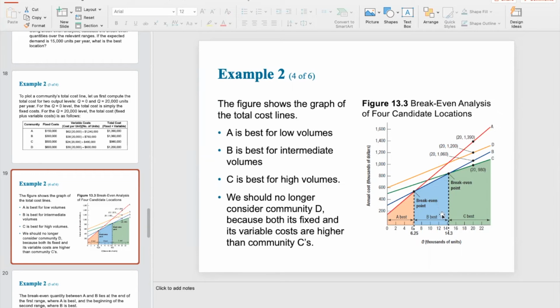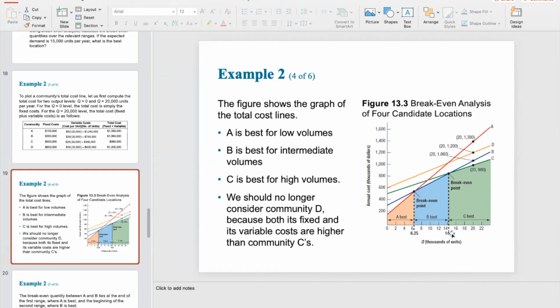Which indicates that if your order quantity level is in this medium range, then community B probably will be the best option that you can choose in order to minimize your total annual cost through this whole process.